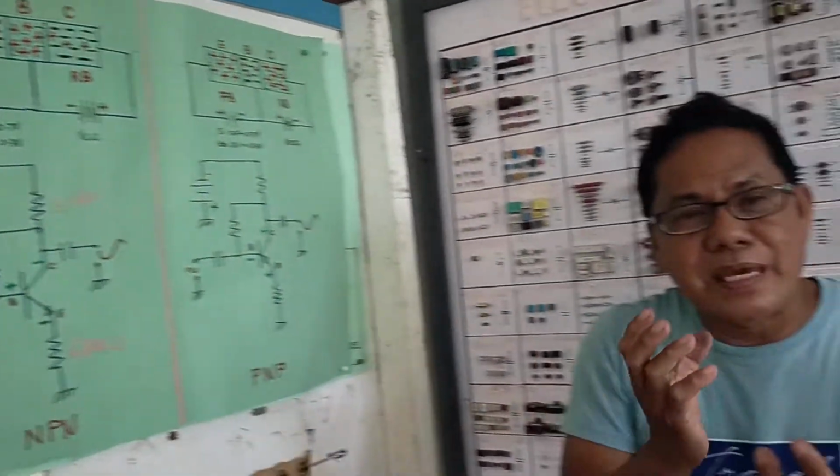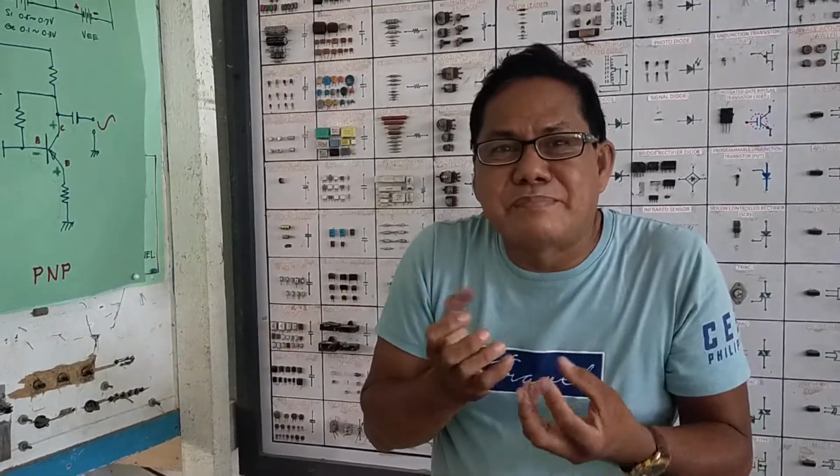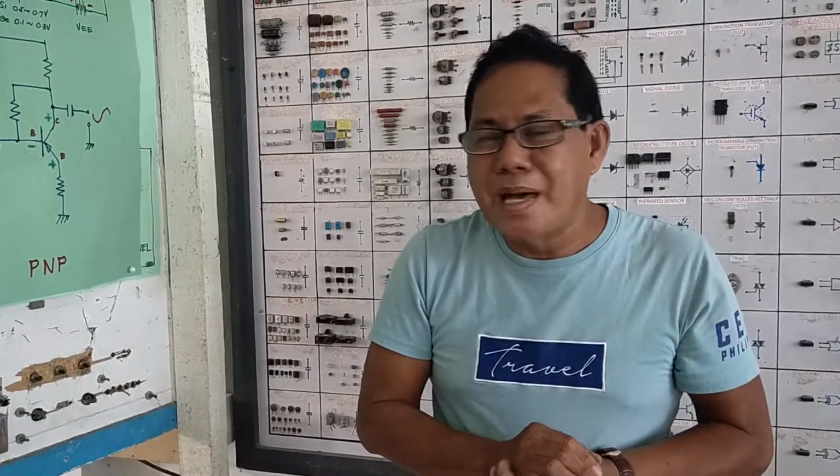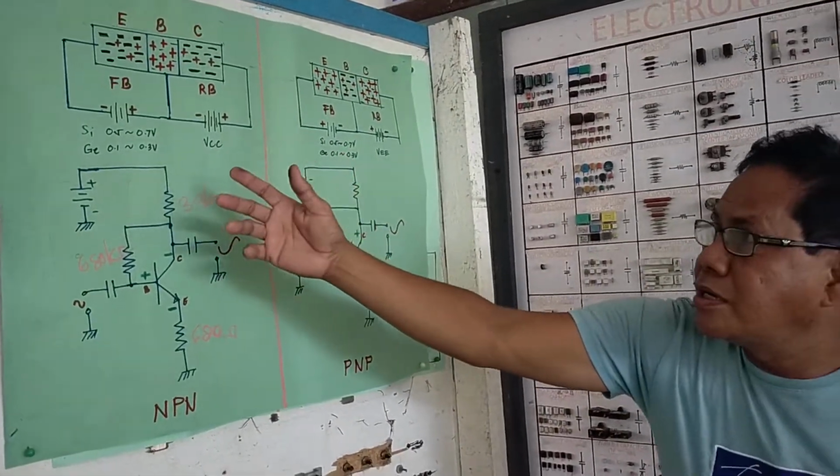They are best applicable for demodulation, or as a demodulator in the circuit, because germanium diodes or germanium transistors can be activated by a small amount of signal, unlike silicon, which needs a little bit higher.